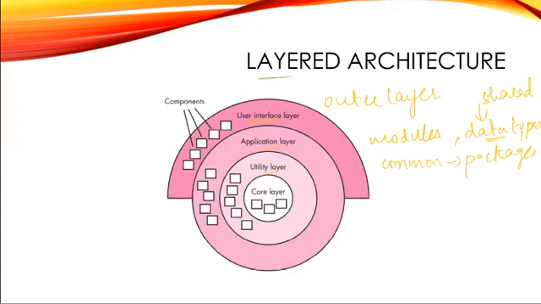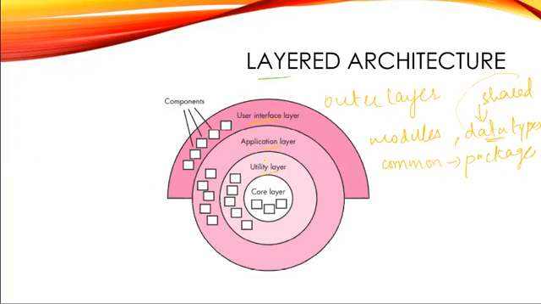These shared data types are important for running the different interfaces that are linked to the different packages. All of the shared packages constitute this utility layer. All the different data types used within the different packages, that is your utility layer.